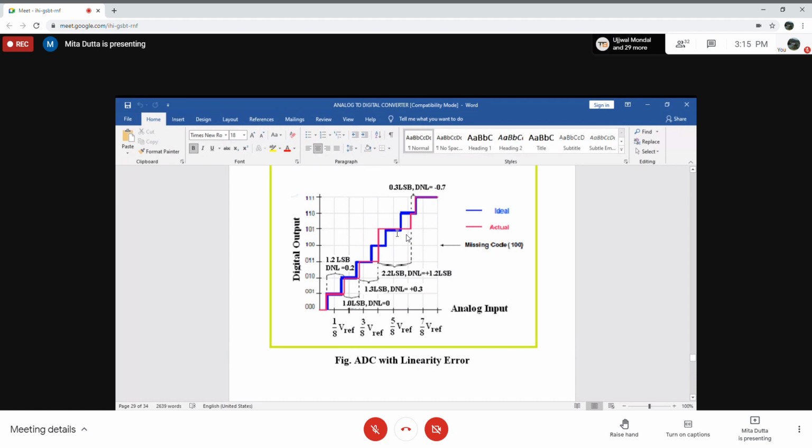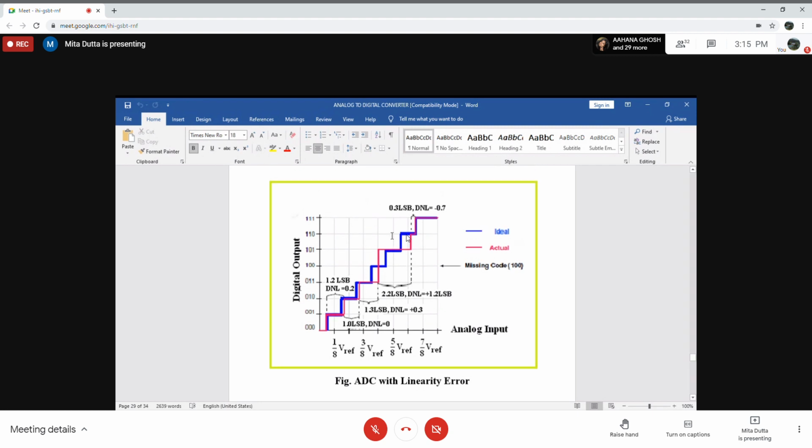Yes, ma'am. The ideal will be 1 LSB. Now, since the code width or the quantization step increases, we will miss the code 100. Clear? Yes, ma'am. This is due to the variation in the code width. But here the variation is such that we have missed the code.